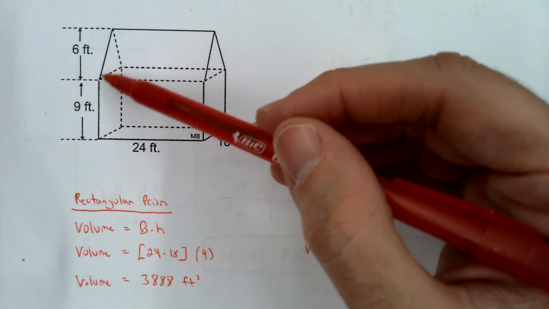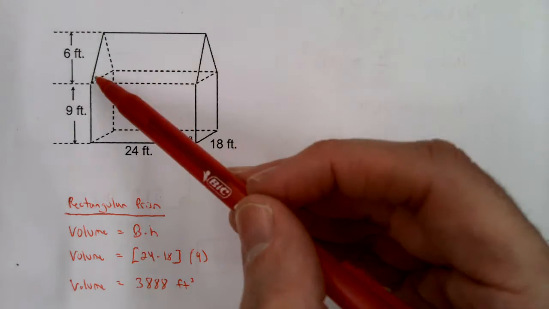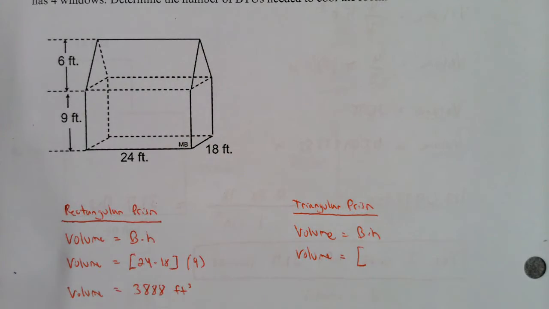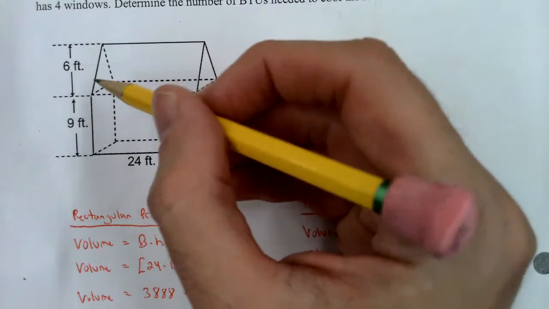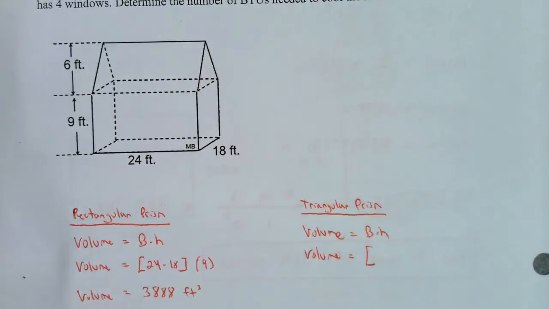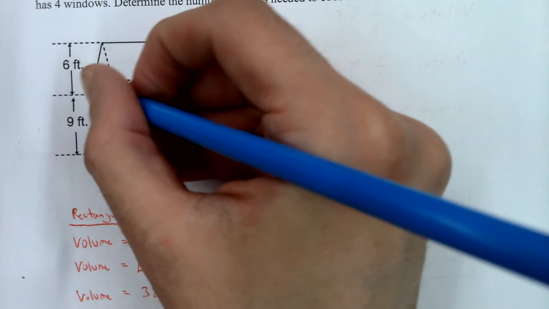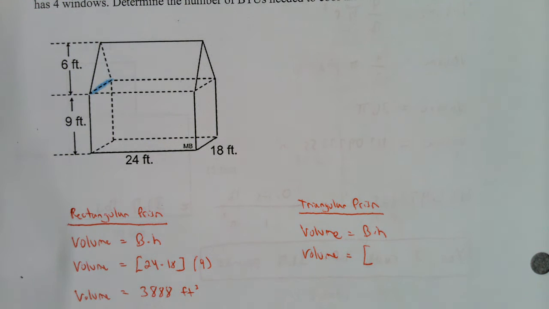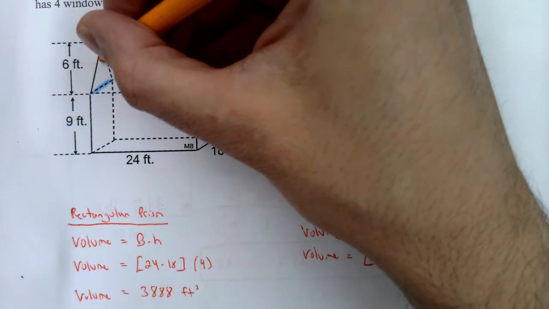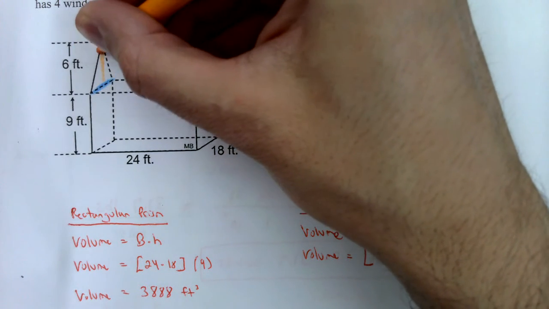Okay, so if you try to picture this triangle, the base, now let me color it in. Let's get some colored pencils out, I guess. Why not? That blue is the base. And the height would be this, in orange.